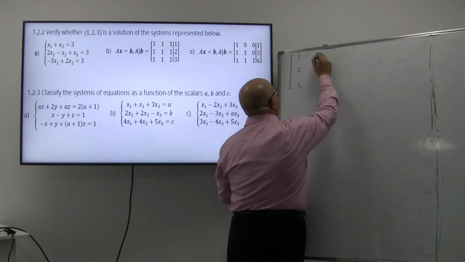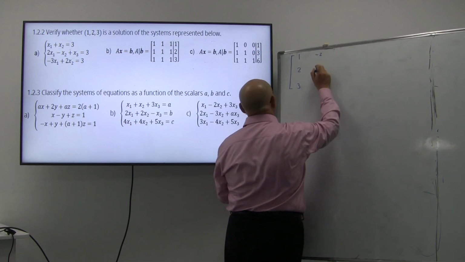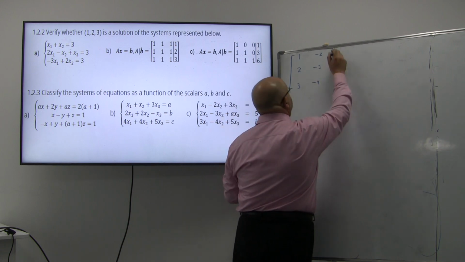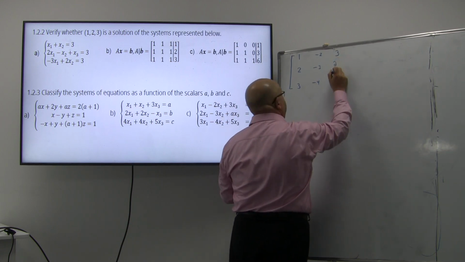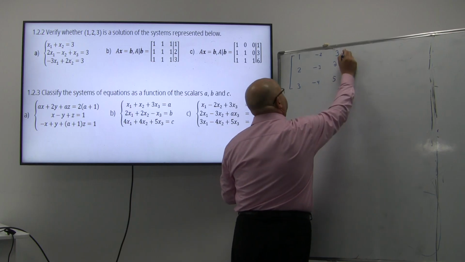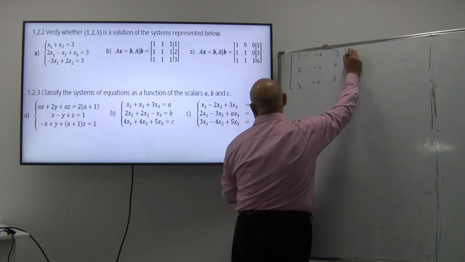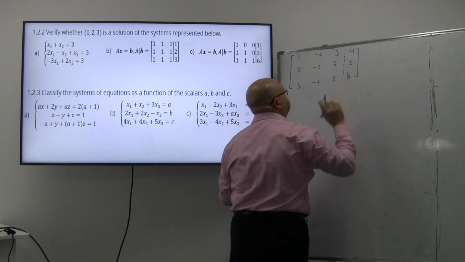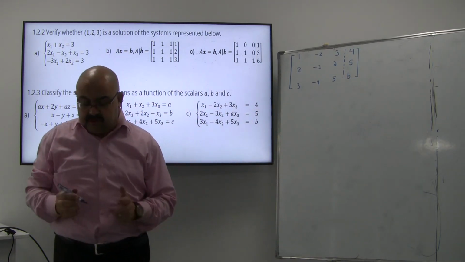The other column is going to be negative 2, then negative 3, then negative 4. The third one will be 3, A, 5, and the results are 4, 5, and B. Okay, we are all set.